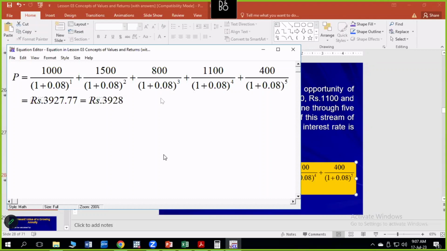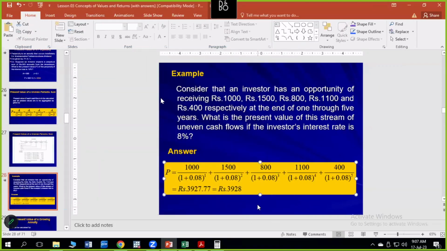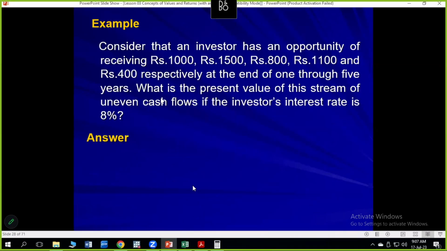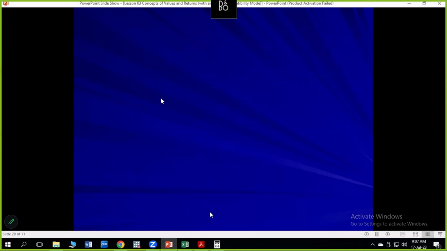Don't forget that you want to present your answer in the relevant units. The denomination should be perfect because we are using different numbers. So the answer, the PV value, should be in rupees. So the example is completed in that way.